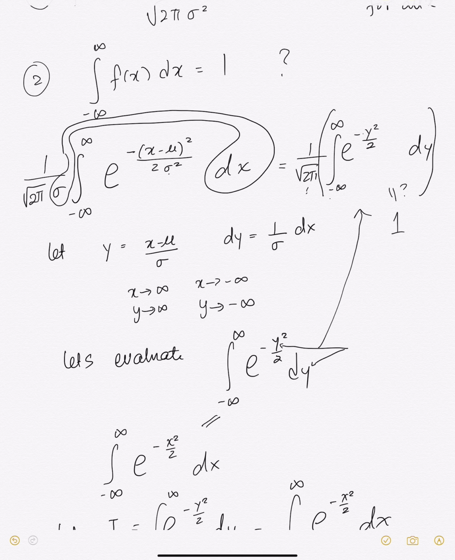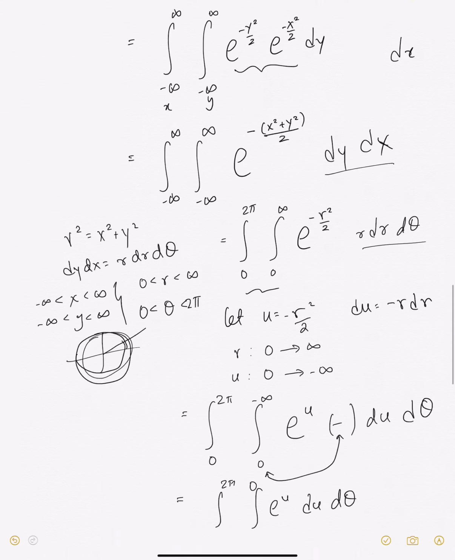And that the integral of f of x dx from minus infinity to infinity is indeed 1. So yes, this is a probability density function. It is non-negative and it does integrate to 1. Okay, just using this very clever proof. All right, so we do have that it's a probability density function.